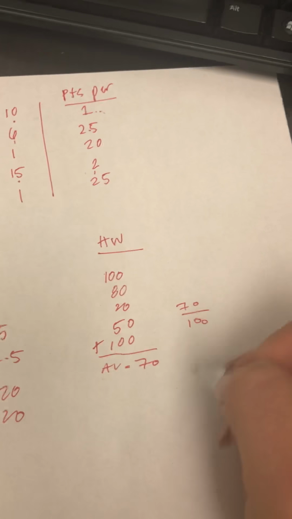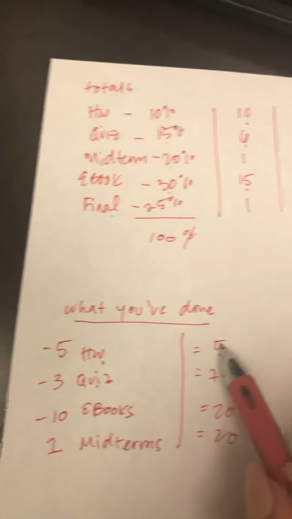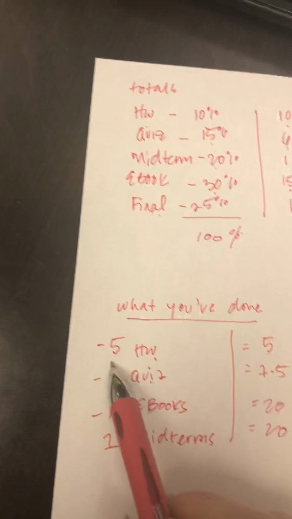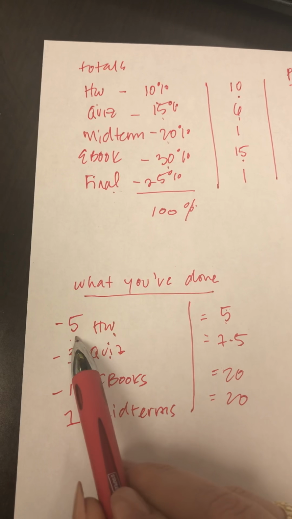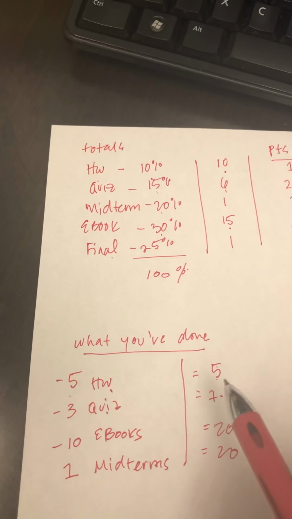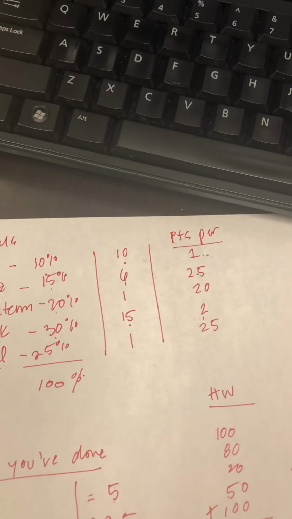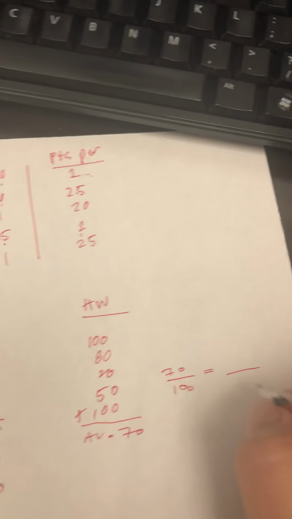Well, how the heck do I convert that to points? Okay, so I know that a 5 would be considered a 100, right? So far with my homeworks, because I've had 5 homeworks, they're worth 1 point apiece. If I've made 100 on them, I'm going to have a 5 total. So I just do cross multiplication.